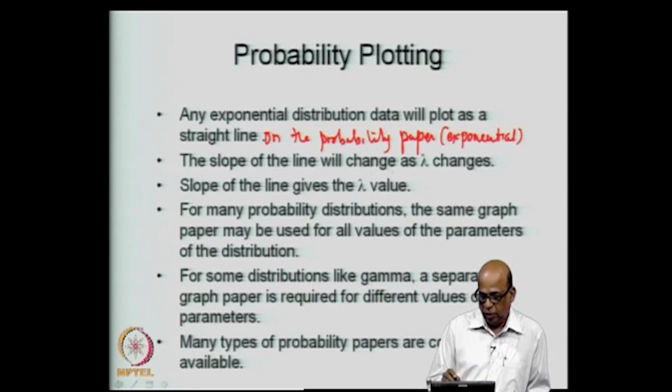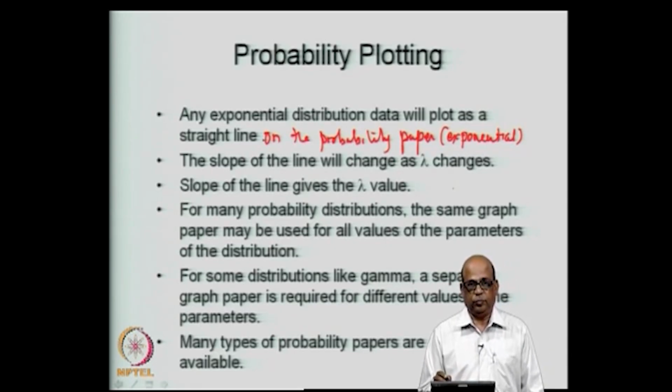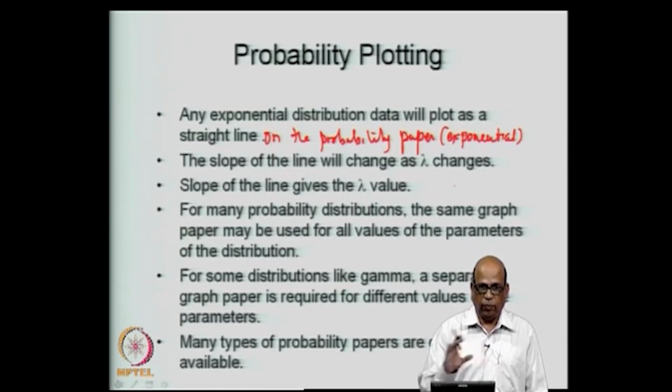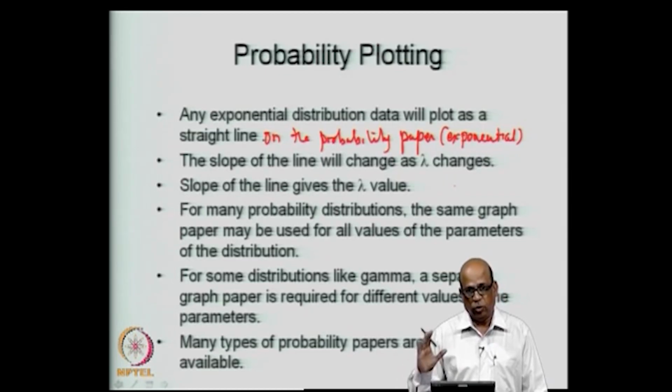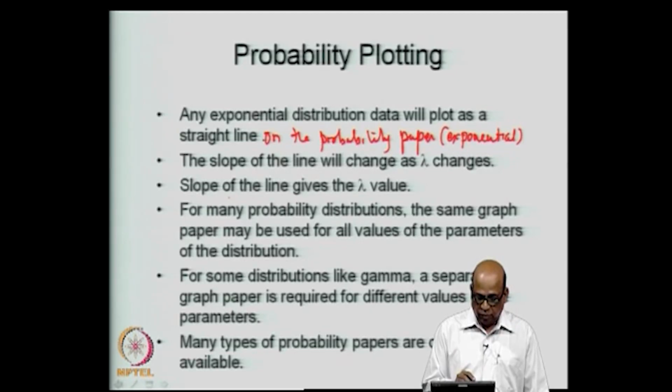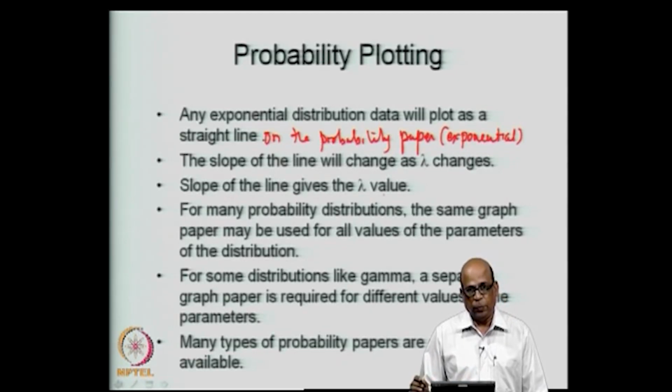Then the slope of the line will change as lambda changes. So, if you have 3-4 different samples all following exponential distributions, all will plot as different straight lines on the same probability paper. Then the slope of the line gives the lambda value.